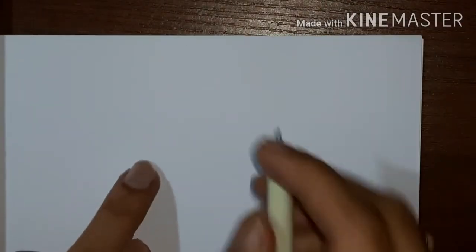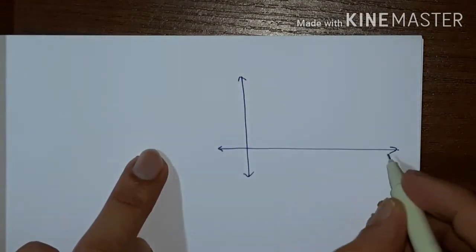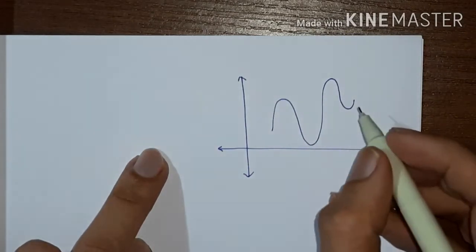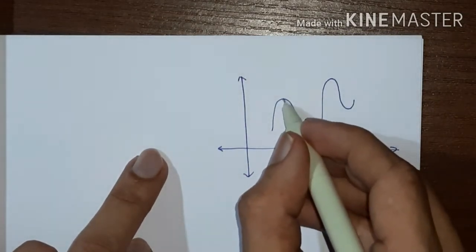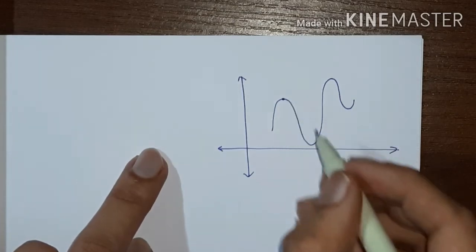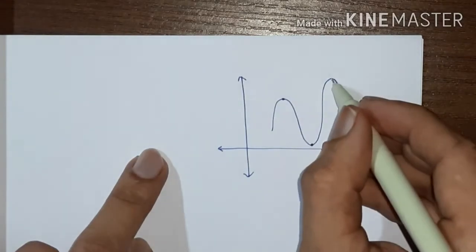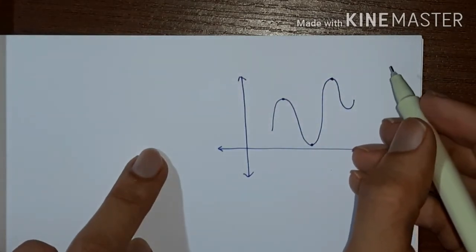So if you look at what the local maxima and local minima are, if you have a graph in this way, I have already explained this, but I am explaining it again just for revision. This is the local maxima. Here you have the local minima, and again here you have the local maxima.